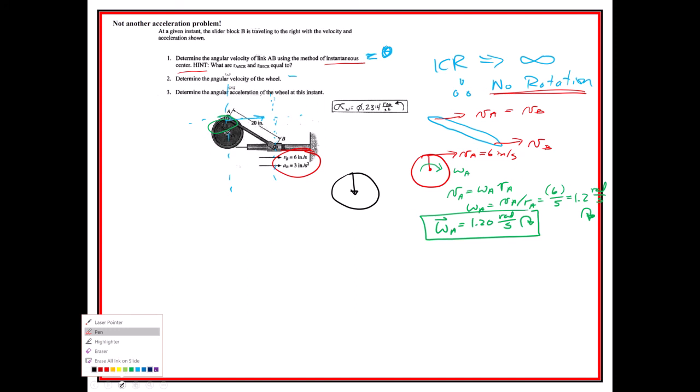I could have just drawn it on top of this, but I'll draw it on top of theirs. So there's the A of B with respect to O, or normal. It's really just the normal acceleration right here. It's going to be equal to omega B squared times RB.